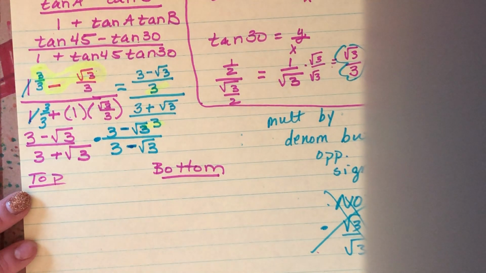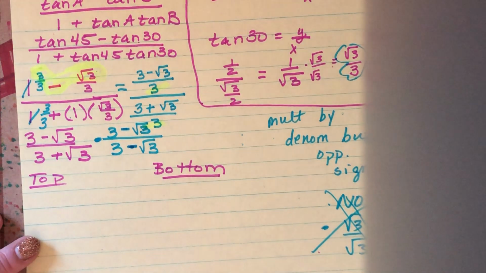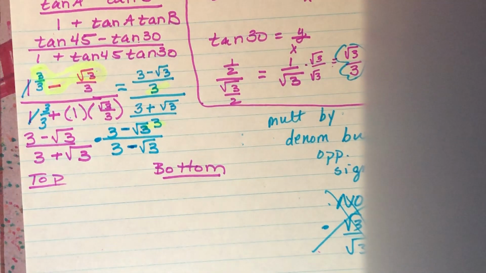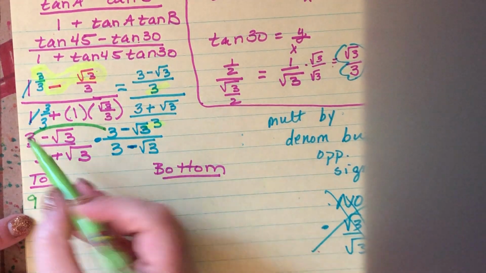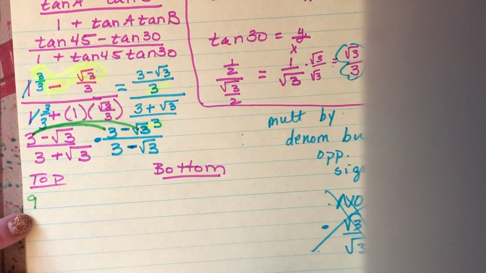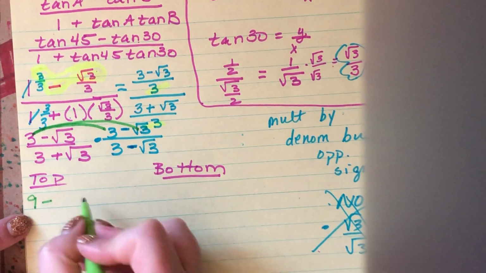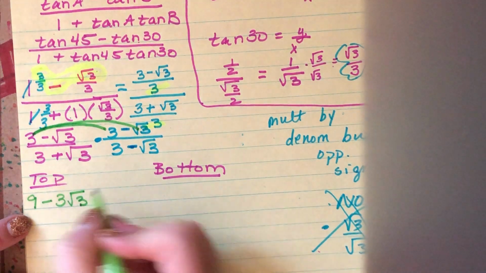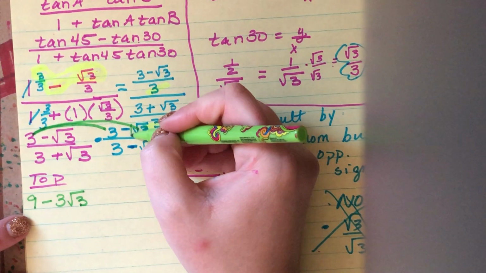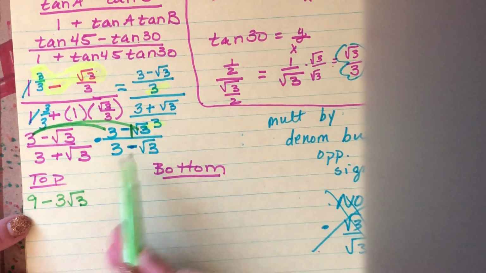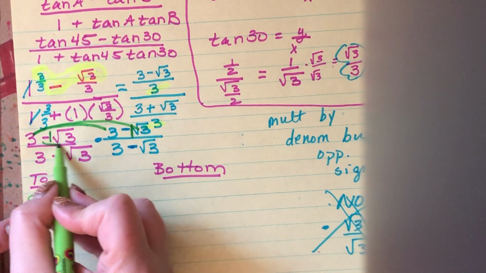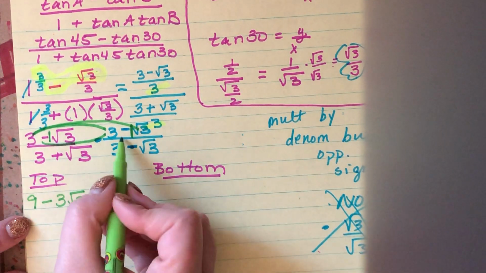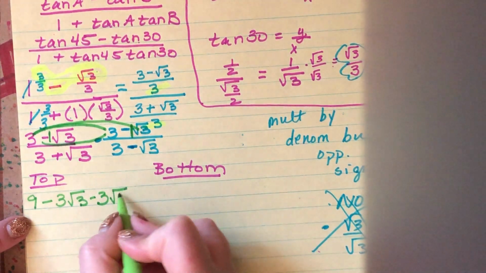So we're going to say 3 times 3, 9. 3 times negative square root 3, negative 3 square root 3, because there's like a 1 in front of that house. So 3 times negative 1 is negative 3. Attach the house. Next, negative 1 square root 3 times 3. So negative 1 times 3 is negative 3 square root 3.